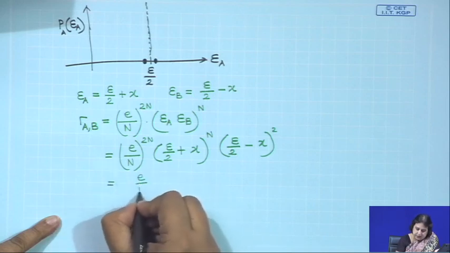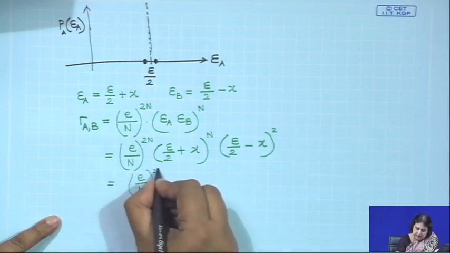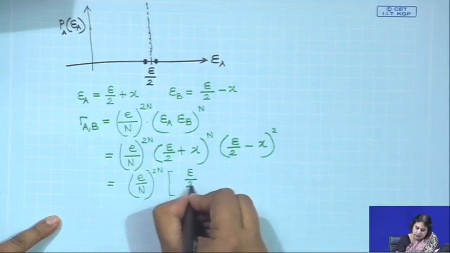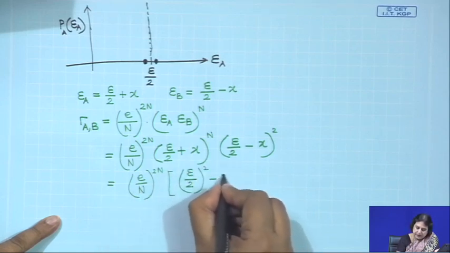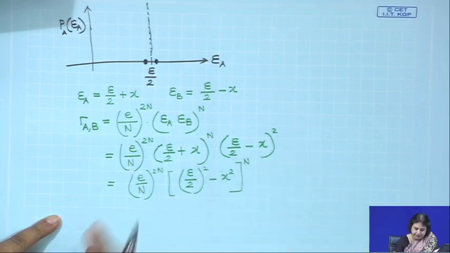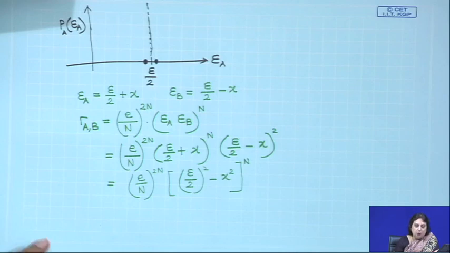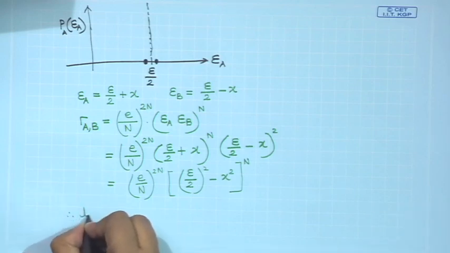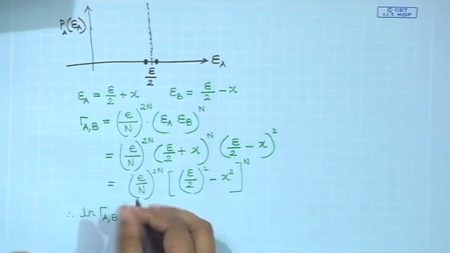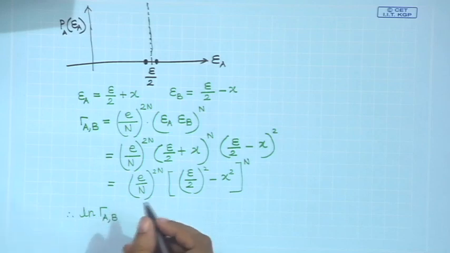Therefore, this number now looks like (epsilon by 2 whole square minus x square) raised to the power of n. Now, if I take a natural logarithm on both sides, then ln of gamma a b is something you can very easily find out.